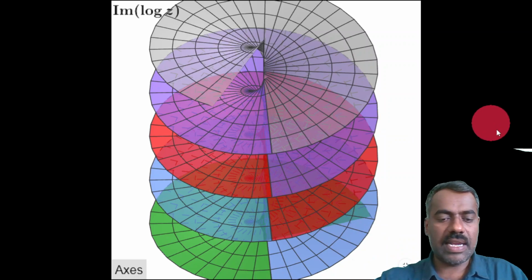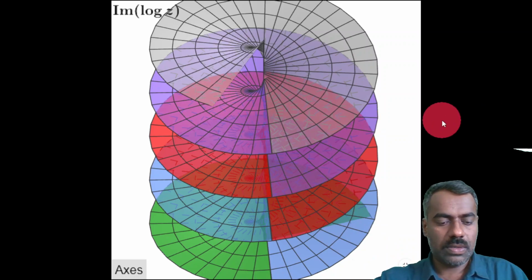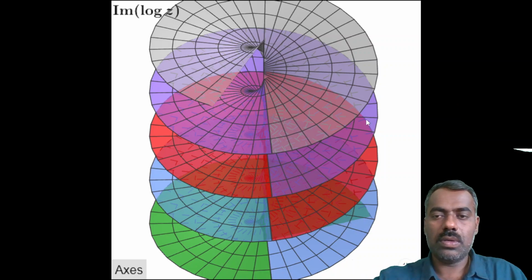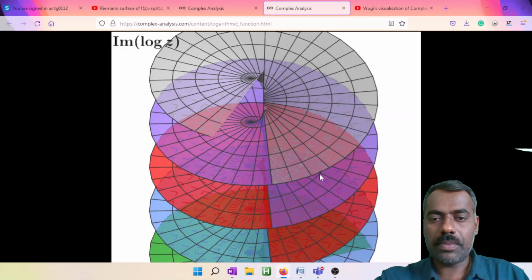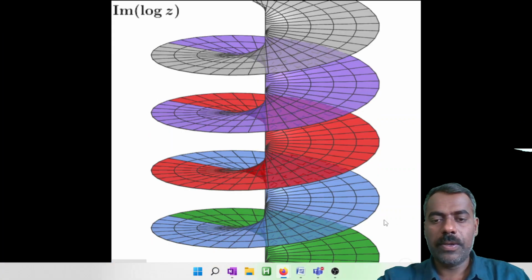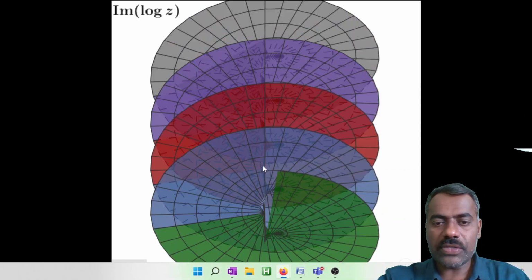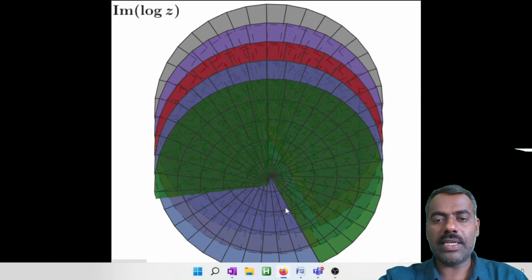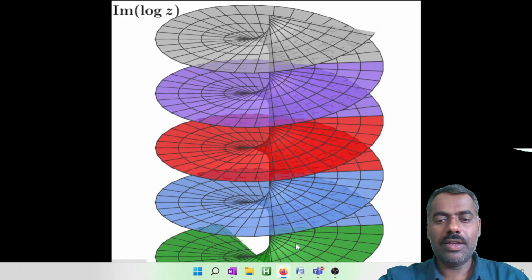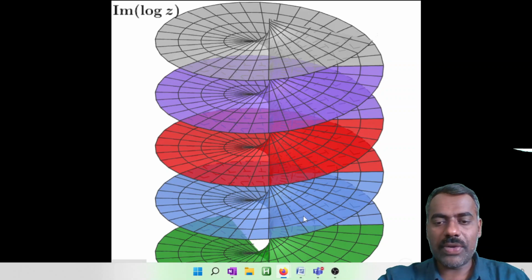Let me show that one more time. Okay. So here, whichever different color is there, that is one branch. Now you can see it is taking little time. Can you see this one?